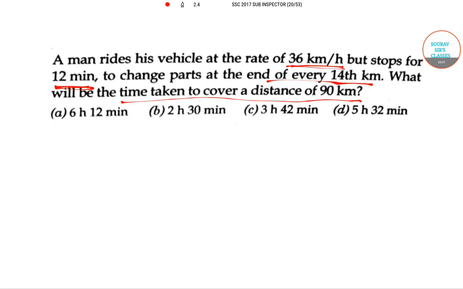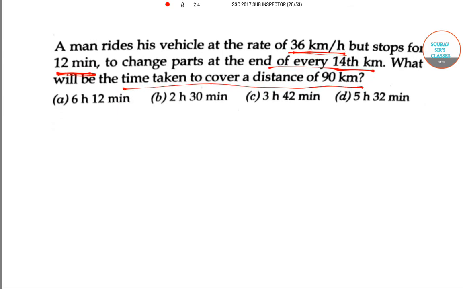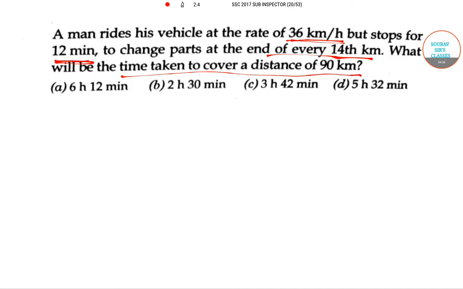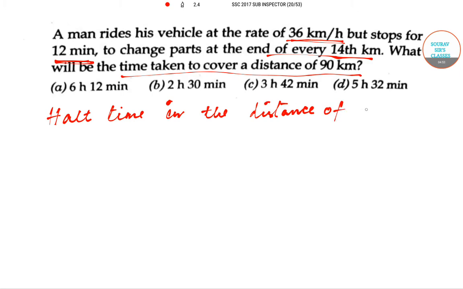So now let's start. Okay, the halt time in the distance of 90 km is equal to 90 by 14, that is almost 6 times approximately.